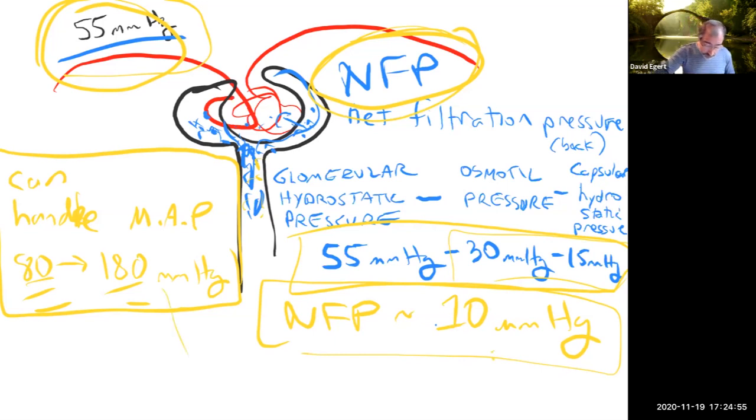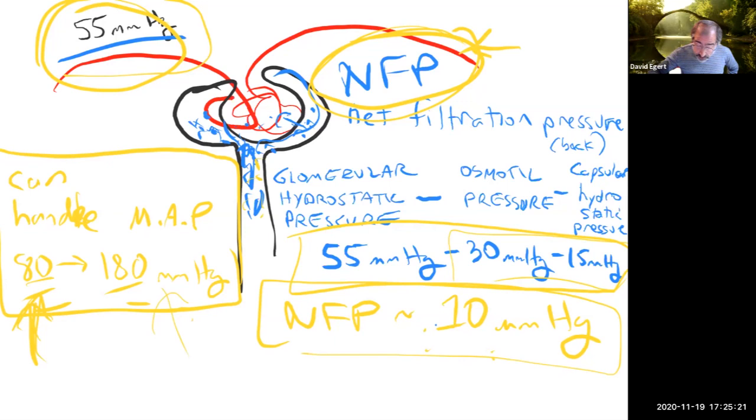But if your blood pressure gets way too high, you might be driving it too hard. Or if your blood pressure gets really low, that's going to affect the ability of your kidneys to function properly because you're not going to be making adequate filtrate. So again, having low blood pressure is going to affect your kidneys.